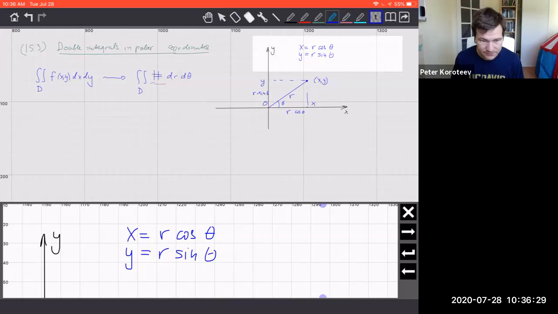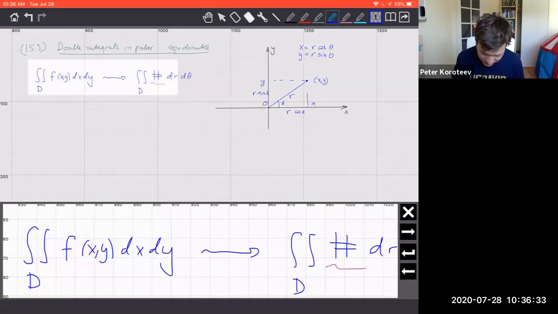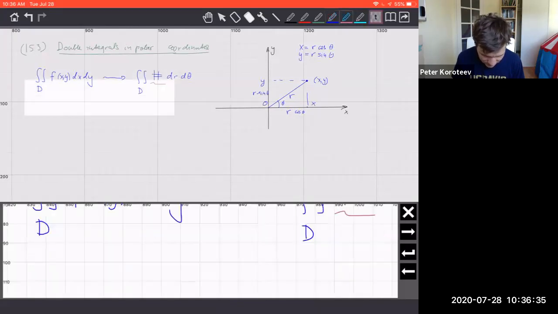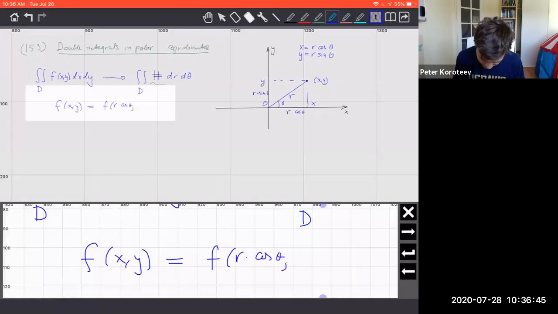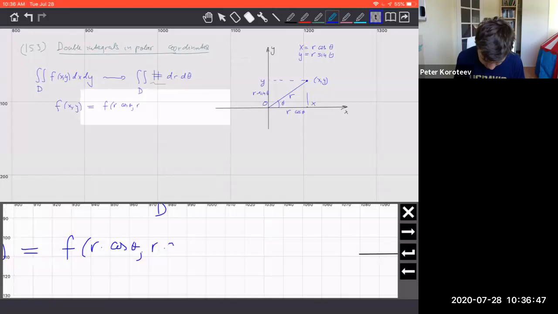Essentially, what needs to be done, right? At least on the surface, it looks like this. You want to replace f of x, y, you want to write it as f of r cosine theta, r sine theta.